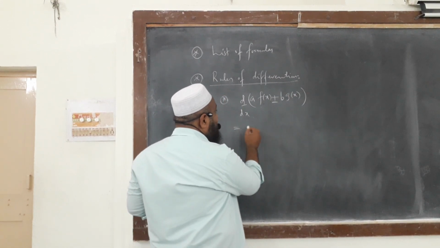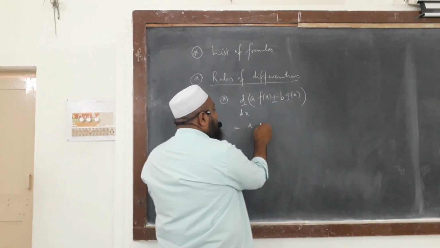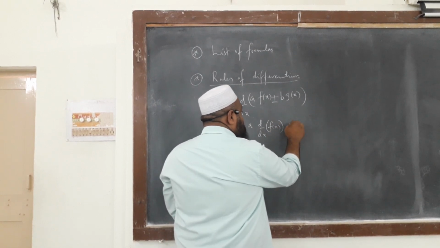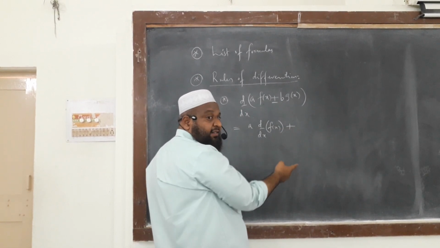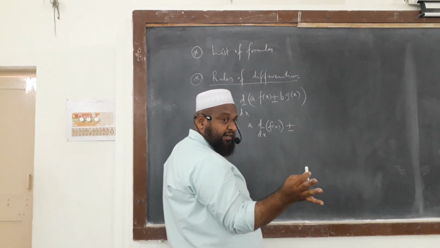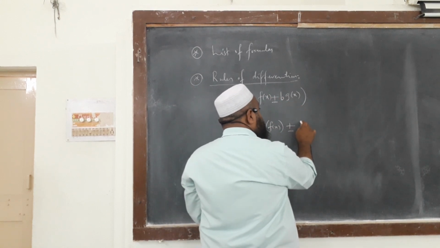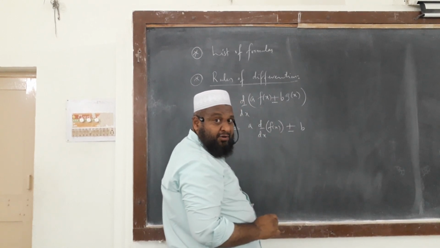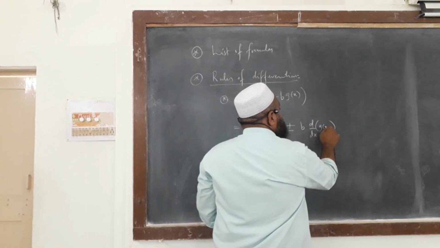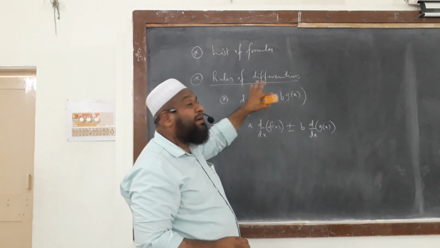Then we will separate this constant a outside and write the derivative of f of x, and if plus comes, plus will be there here, if minus comes, minus will appear here. Instead of writing two formulas separately for plus and minus, I have written it compactly as plus or minus. This constant b comes out of the differentiation process and we will have d by dx of g of x. This is called the sum rule.